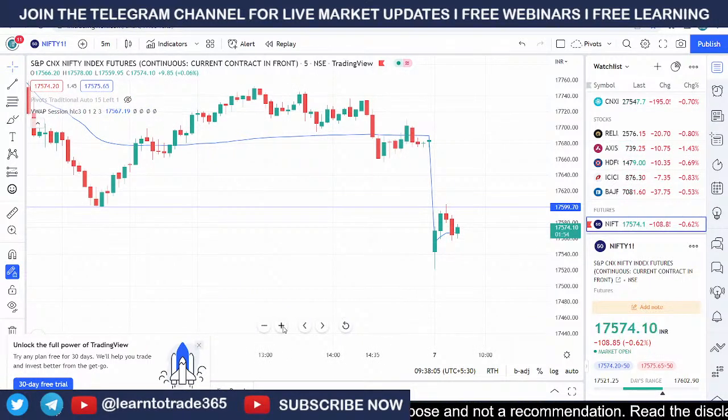Price is still above VWAP only, so I can't confirm it as a clear-cut rejection of the previous day's low on Nifty. Don't get influenced by one or two aggressive green or red candle colors.